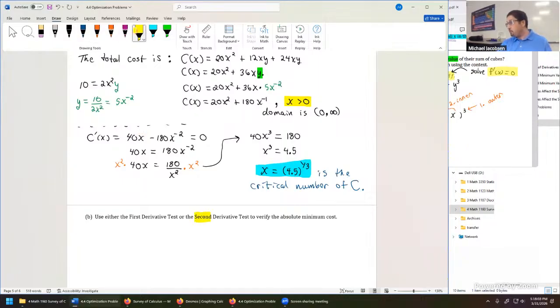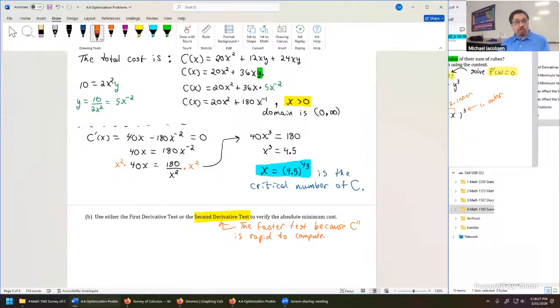So for this particular problem, the second derivative test is the faster test because C double prime is rapid to compute.